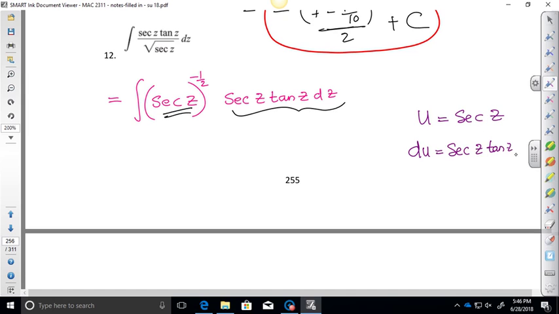So this is actually, we are using both derivatives and integrals. Okay. So this is going to be u to the negative 1/2 du. What's the integral of u to the negative 1/2?